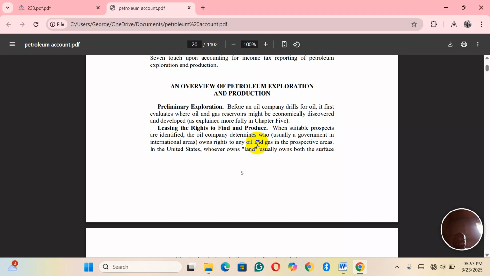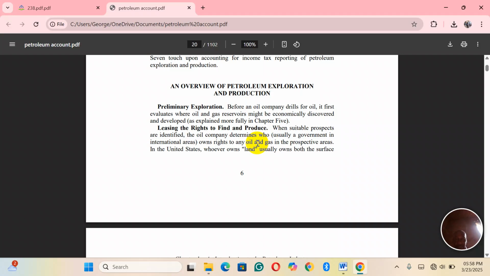Leasing: the right to find and produce wells. When suitable prospects are identified, the oil company determines who owns the rights. Usually, governments in international areas own the rights to any oil and gas in the prospective area.